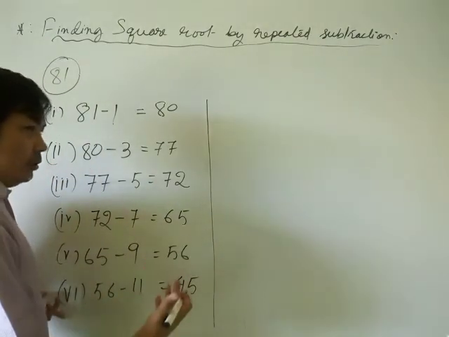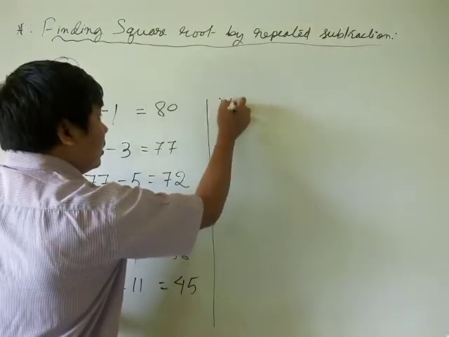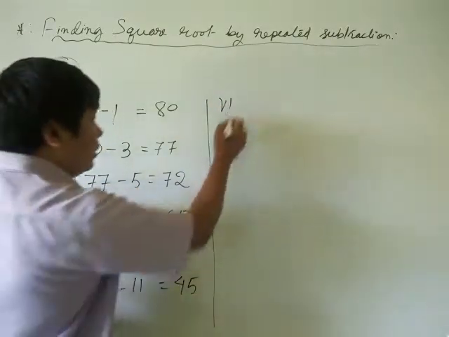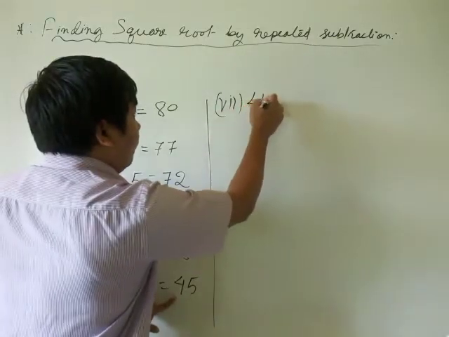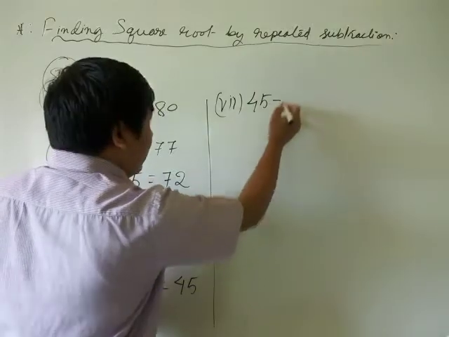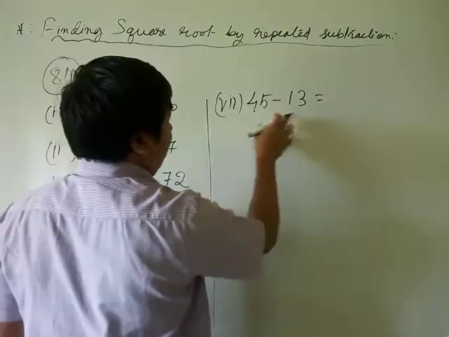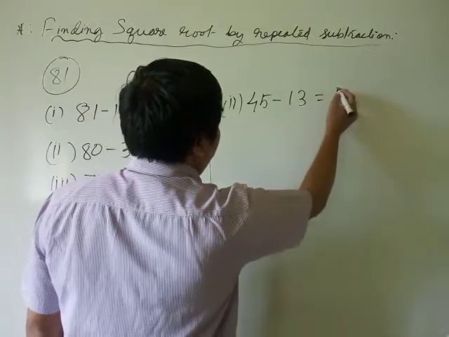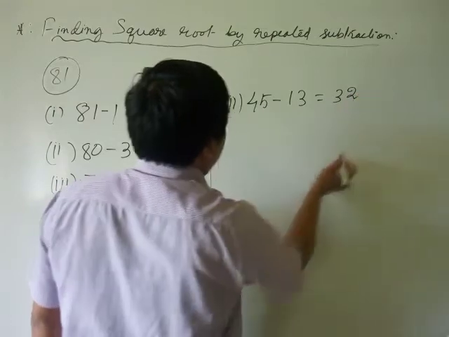Then we are still to subtract. Next, step number 7, we have that 45. 45 minus the next odd number, 13. If you subtract 13 from 45, how much will you have here? 32. Yes.